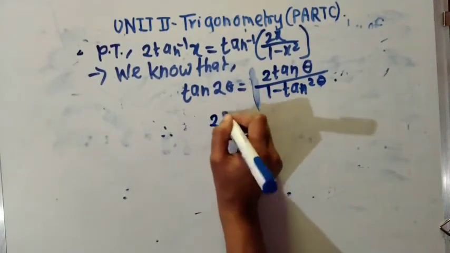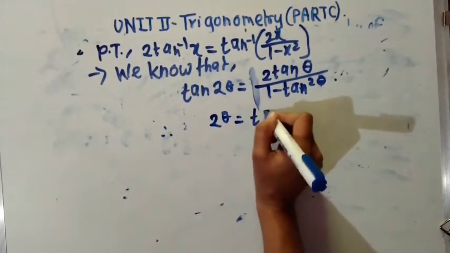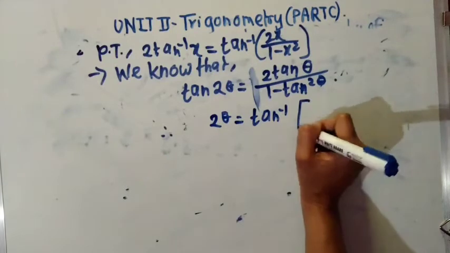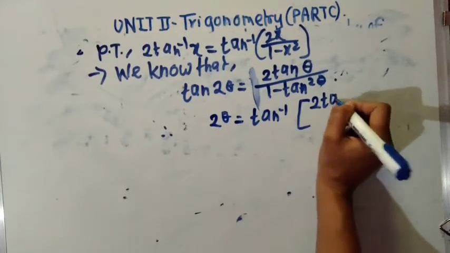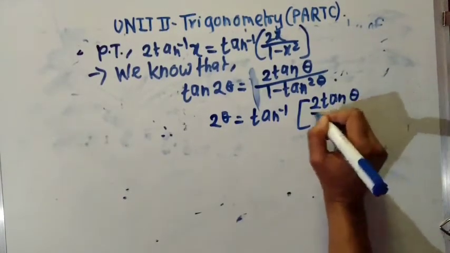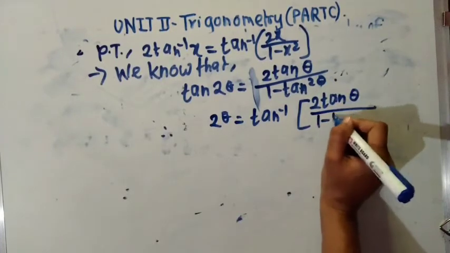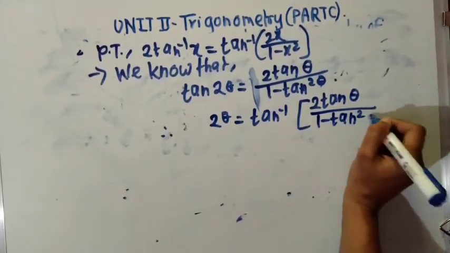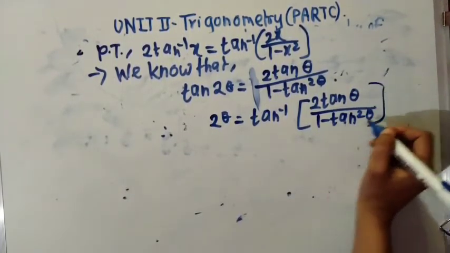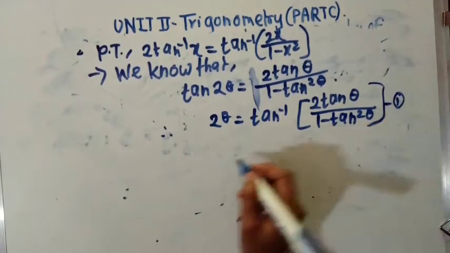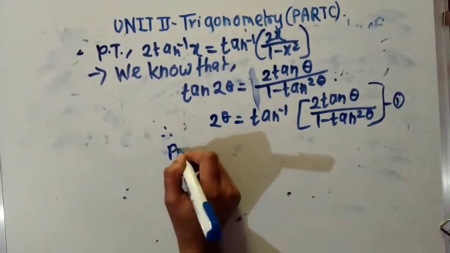Hence 2 theta is equal to tan inverse of 2 tan theta upon 1 minus tan square theta. This is the first equation.